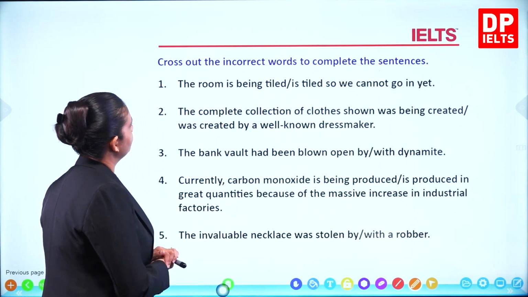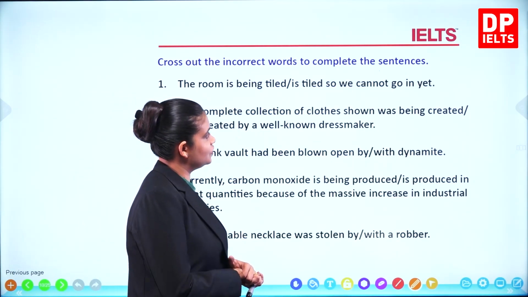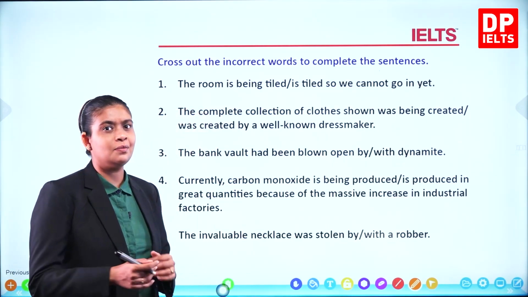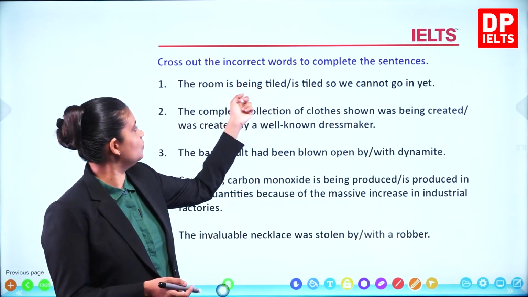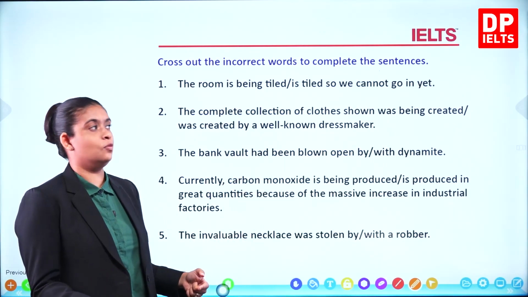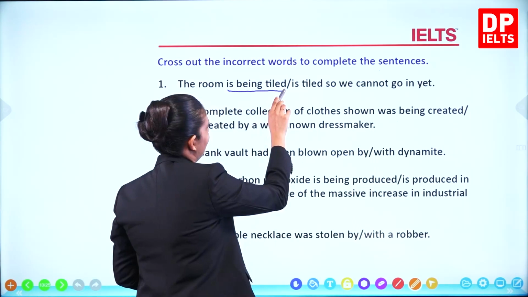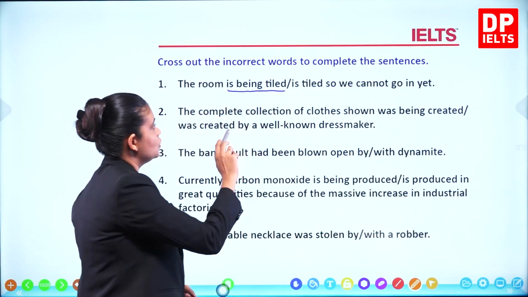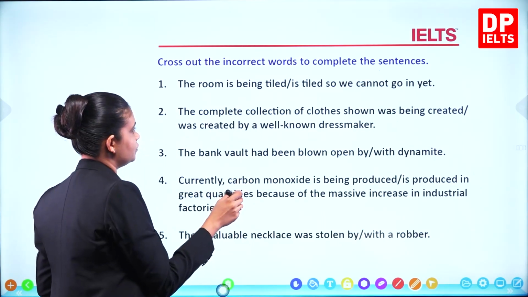The first one. The room is being tiled, is tiled, so we cannot go in yet. Can you say is tiled? The room is tiled. We can't really say that because it's being done at the moment, right? So the room is being tiled, okay? So this is the correct answer. What are we supposed to do?